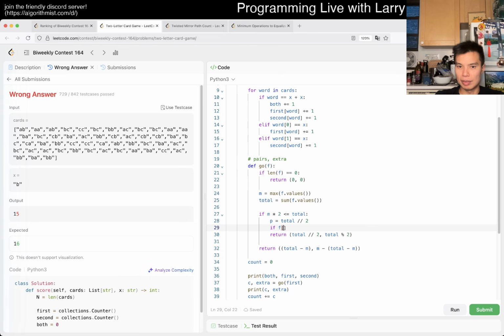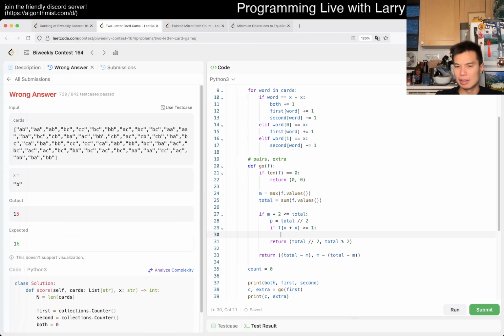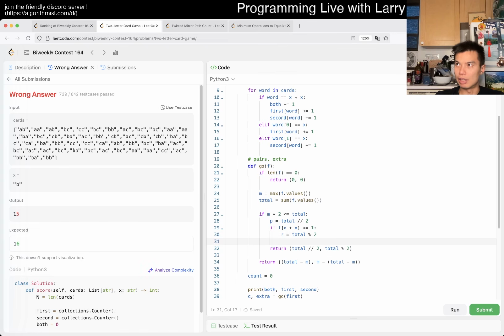If f of x plus x is greater than or equal to 1, then we do have something to return. Otherwise, then we don't, right? Because we don't have any, then we matched everything else.